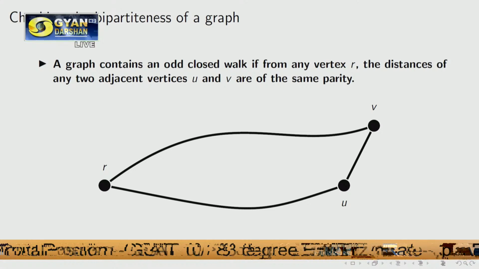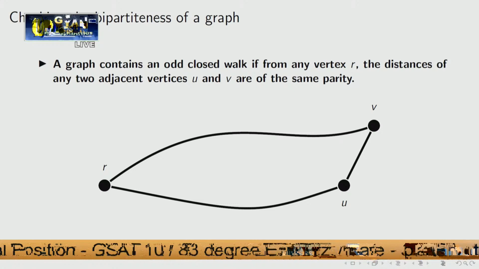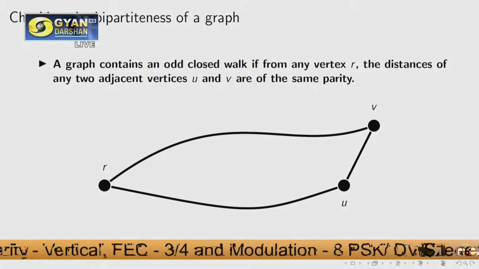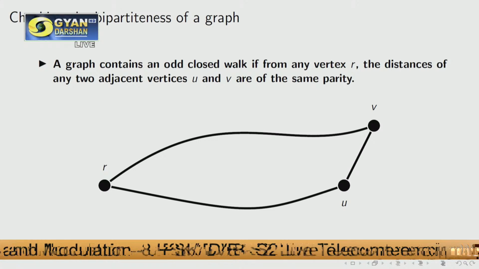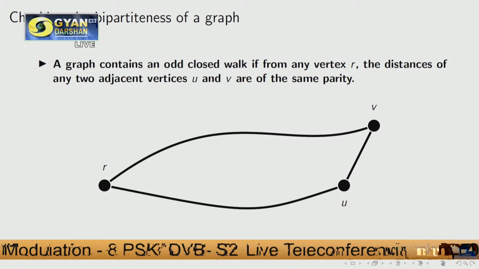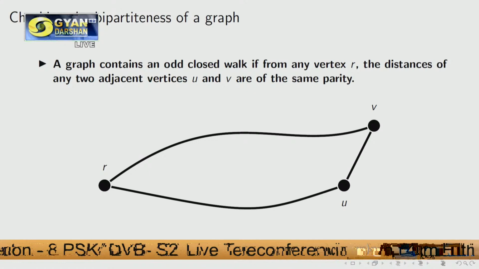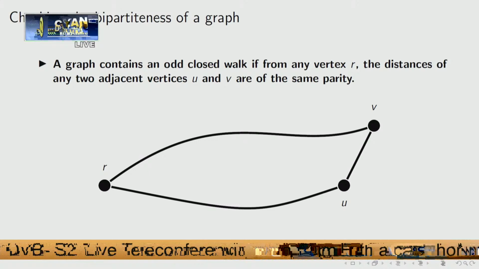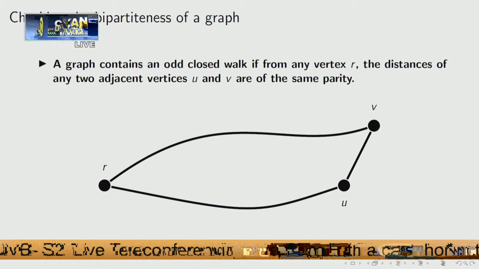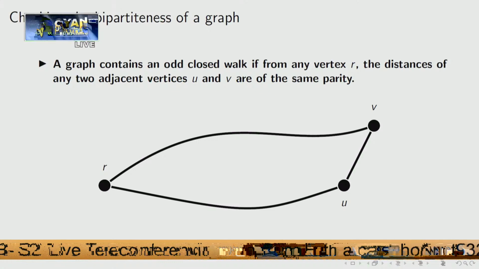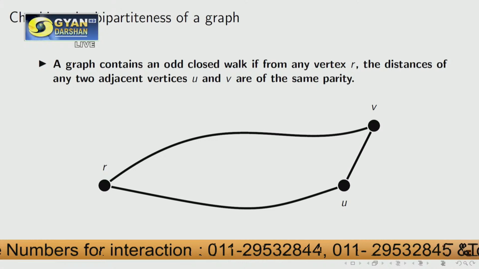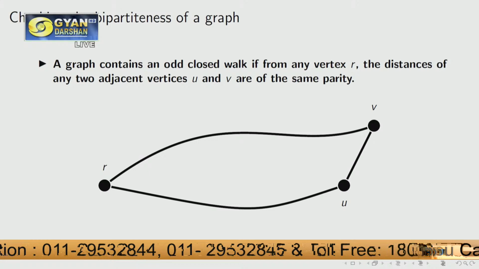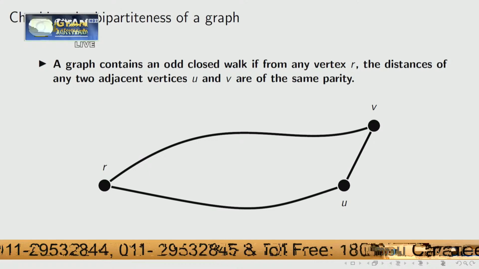Suppose you are given some vertex R and two adjacent vertices U and V. Compute the distances of U and V from R, and if it happens that the distances of U and V from R are of the same parity, that is, either both are odd or both are even, then the walk from R to V, V to U, and U to R, that is the closed walk containing these three vertices, would be a walk of odd length, right?